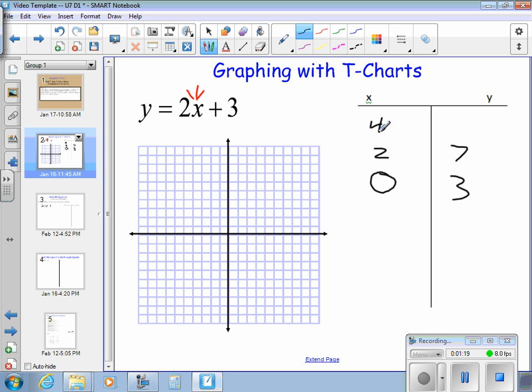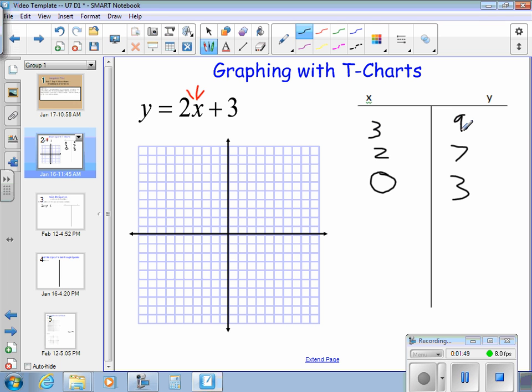So when I plug that in, 2 times 4 is 8, plus 3, that takes me off the graph. So let's try a smaller number. I'm going to go ahead and take that 4 away, and we'll try 3. So 2 times 3 is 6, plus 3 is 9.